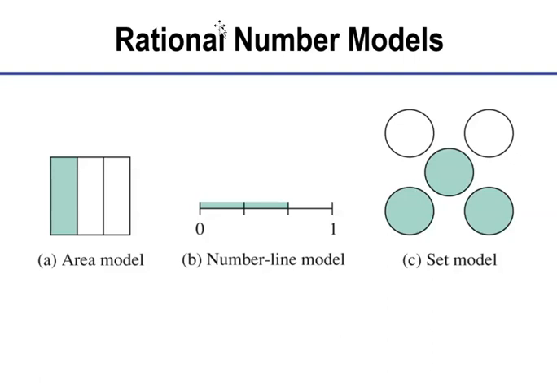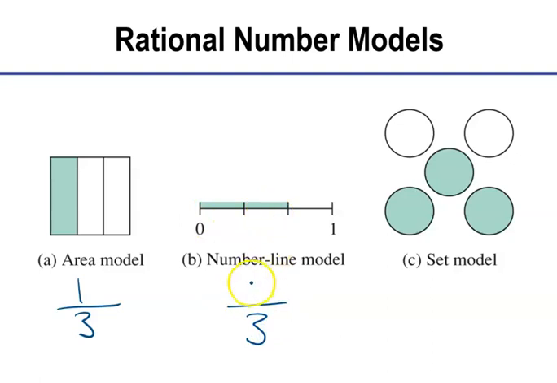If you'll notice the first picture, this is what we call the area model. This represents the fraction 1 part out of 3, or 1/3. The number line model is great also. Notice that between 0 and 1 is divided up into 3 equal parts. So once again, the denominator is 3 in this case.